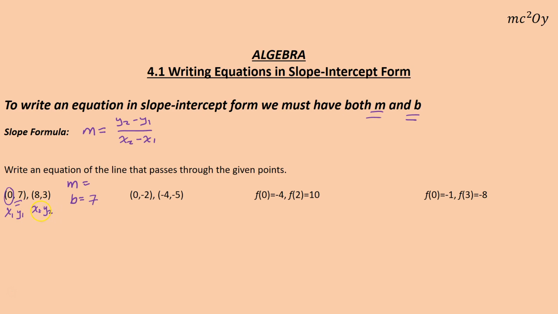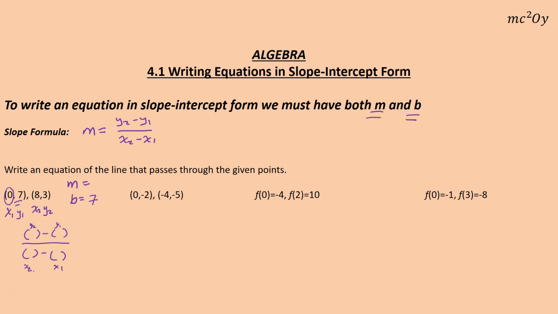Now it doesn't matter which ones I call my 1s or my 2s, as long as x2 is with y2 and x1 is with y1. If I label those points, then I can use that formula and plug those in. So we have our y2 minus y1 over x2 minus x1.